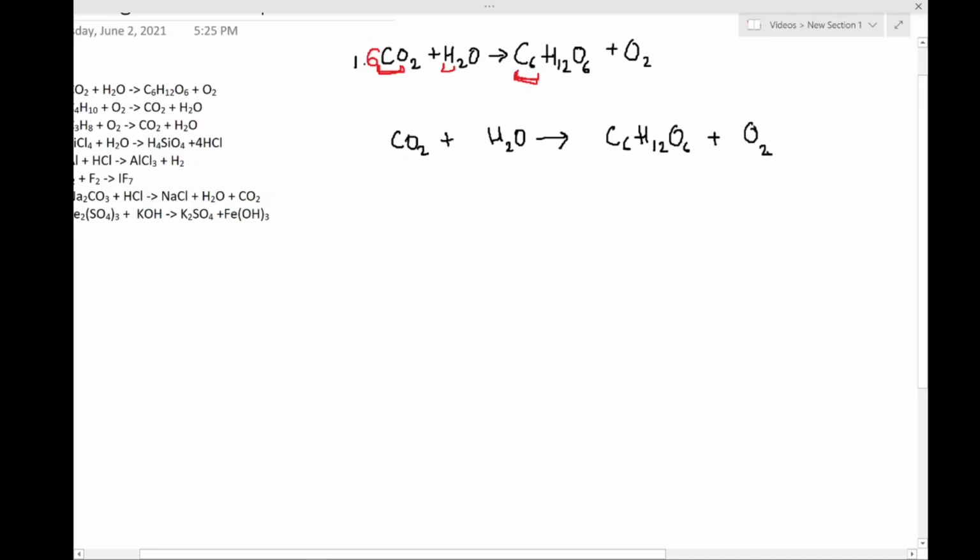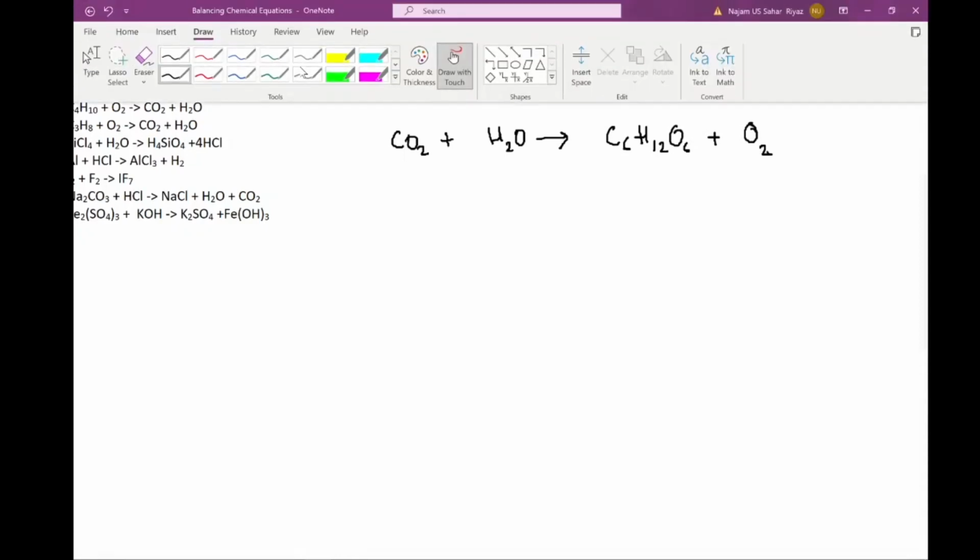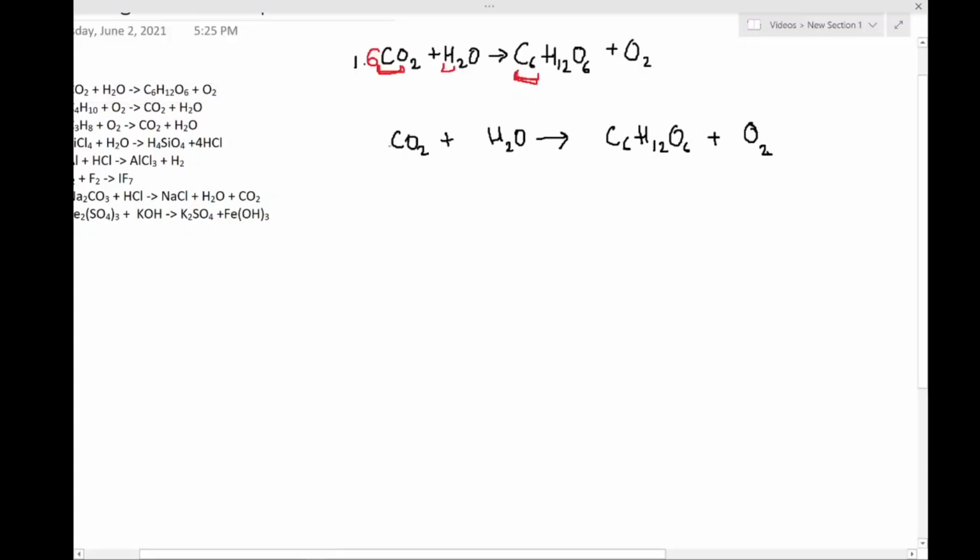Let me make my O proper. Okay. And then just to change the color so the coefficients are more visible. Now we said that we were adding a 6 in front of the carbon dioxide. Now any number that goes before the compound is called a coefficient. So the coefficient of carbon dioxide is 6.